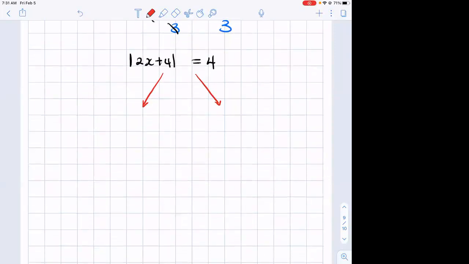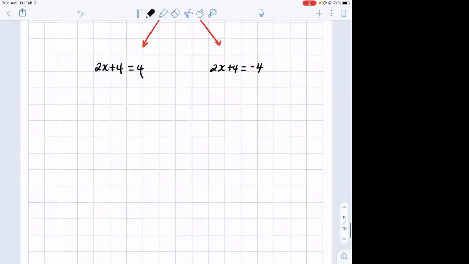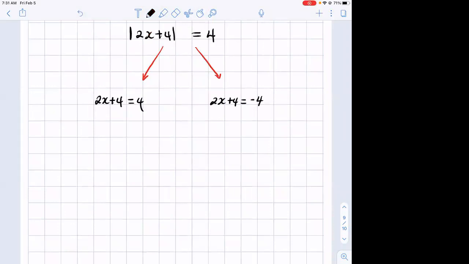So we have 2x plus 4 is equal to 4, and 2x plus 4 is equal to minus 4. Okay? If you solve, we'll move the plus 4 to both sides.